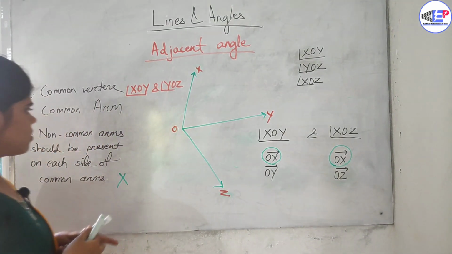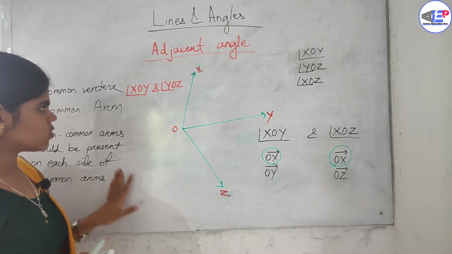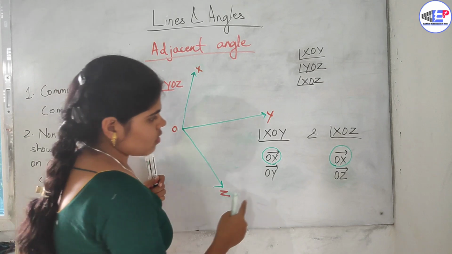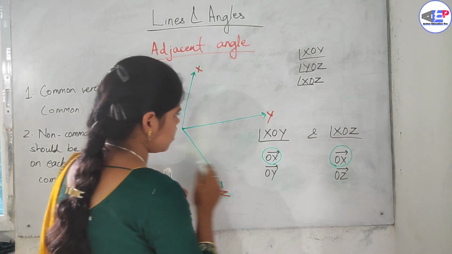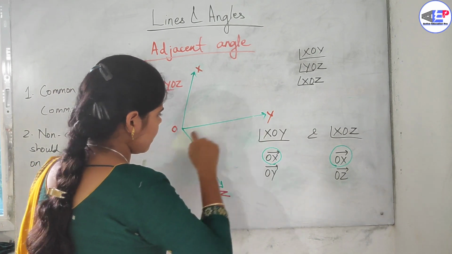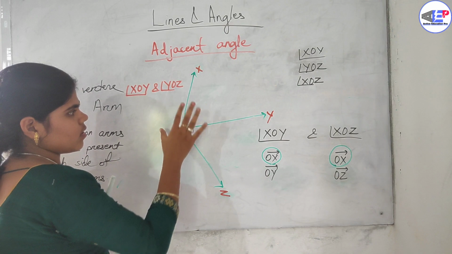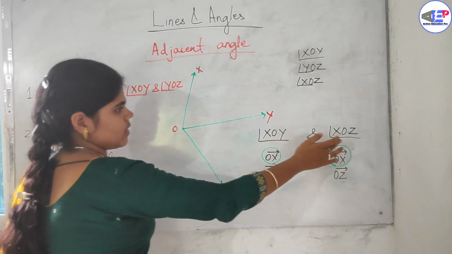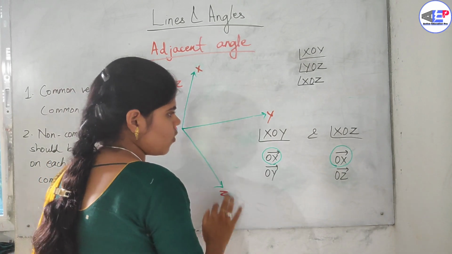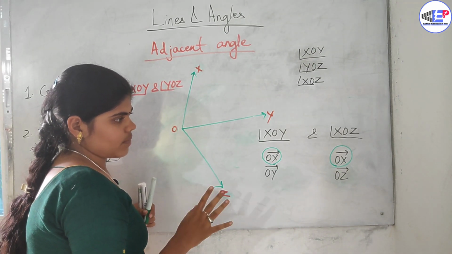And then the next condition is that non-common arms should be present on each side of the common arm. The non-common arms are OY and OZ. Look here, this is OY and OZ. OX is the common arm between these two angles XOY and XOZ. OY and OZ are the non-common arms.